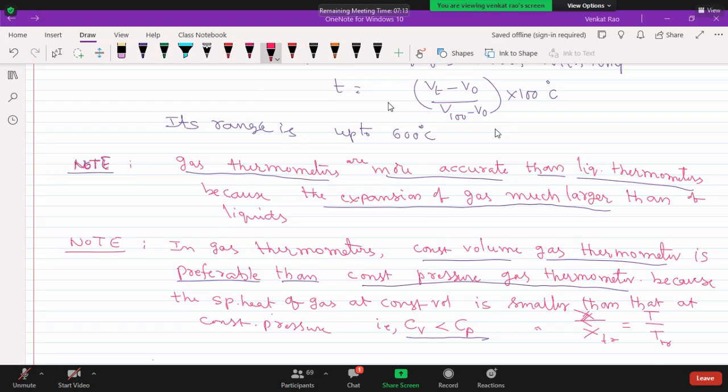Next, another note point. They are not in our syllabus. We have just thermocouple thermometers. This is not in the material also. Their range is minus 250 degrees Celsius to plus 1200 degrees Celsius.